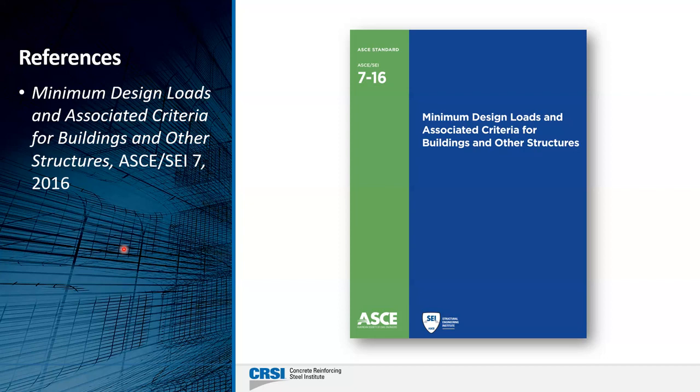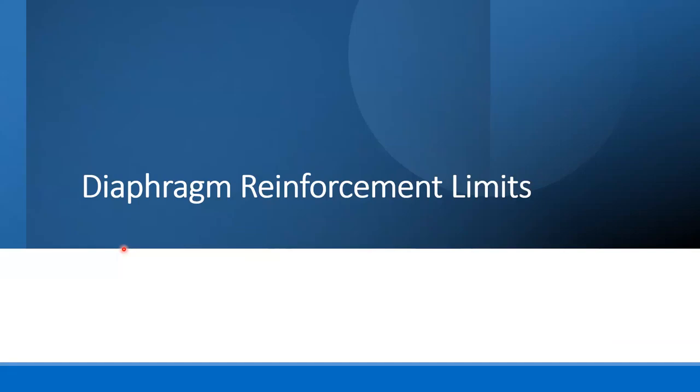As you probably know, there's a 2022 edition that came out. Not too many changes for diaphragms, a few here and there, but basically it's more or less the same, especially for reinforced concrete structures. So given that introduction, let's go ahead and take a look at some of the different aspects.